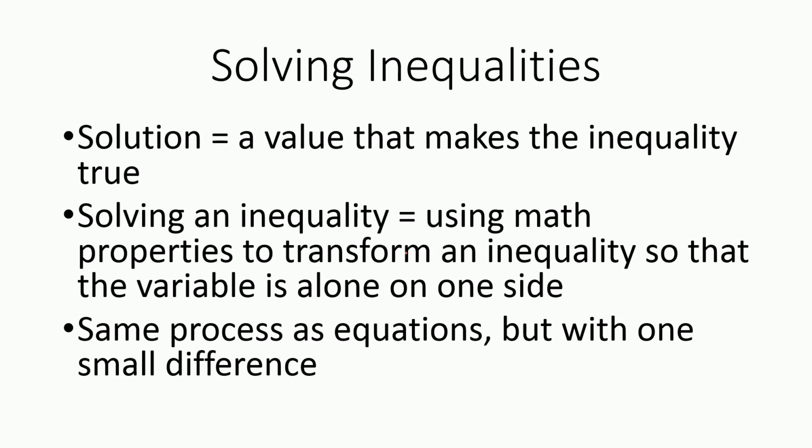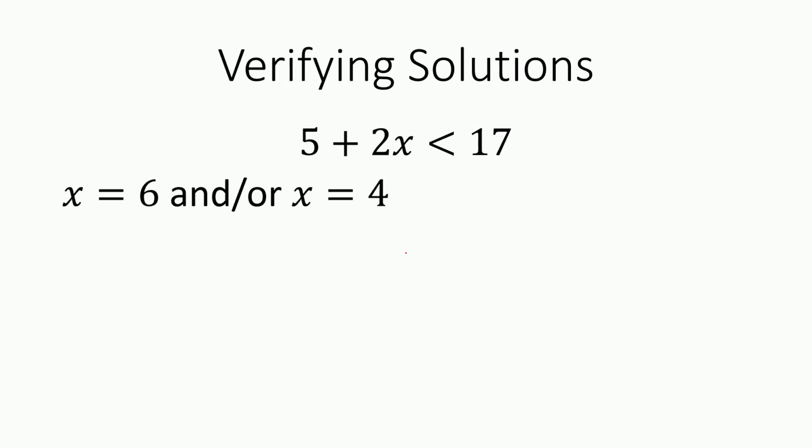So we start solving by verifying solutions, just like we did with equations. The difference, of course, is that an equation had a single solution that was correct, and inequalities, because they use things like less than and greater than, can result in more than one solution being correct.